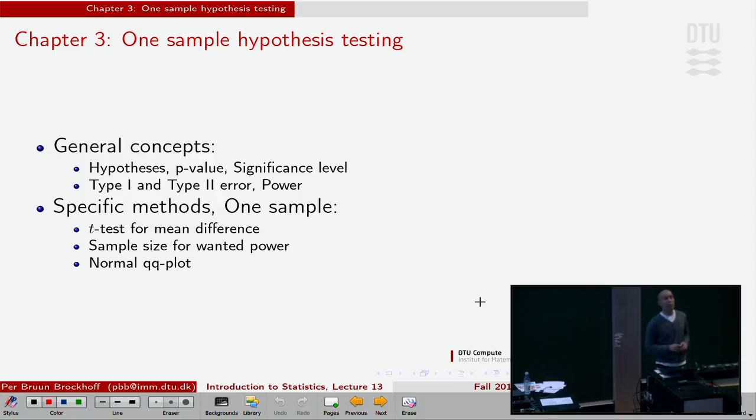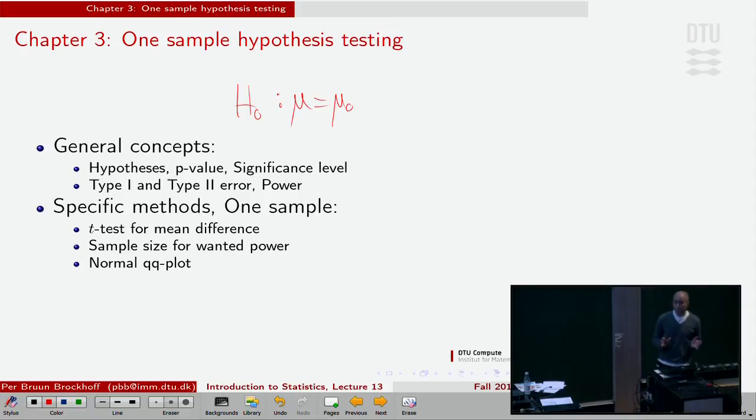Then we turn to hypothesis testing, the other big tool. There are two big tools here: the confidence interval tool and the hypothesis testing tool. We learned that we can hypothesize something about a mean, typically that it has some given value.